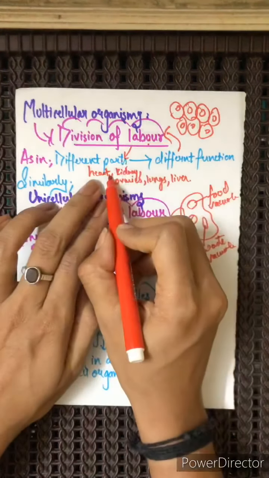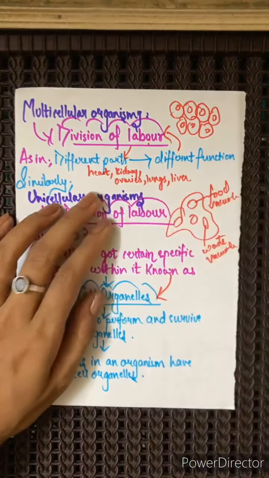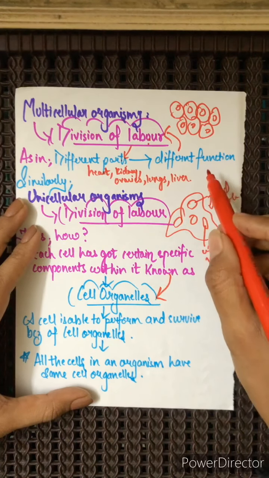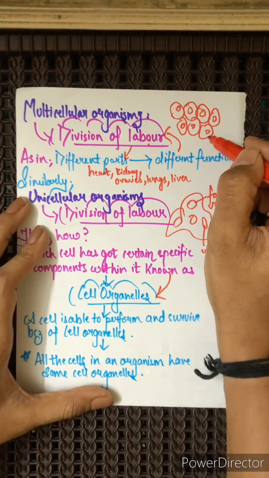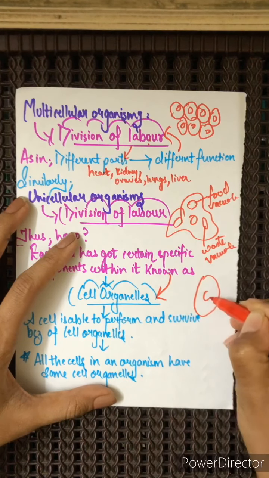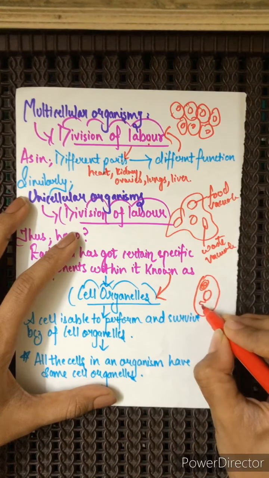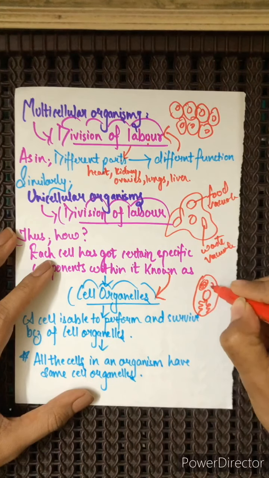Yes, as we have heart, kidney, ovaries, lungs, and so many other organs, we perform different functions. But even in our body, every single cell also has specialized structures, various small components. We will be looking at them in detail.